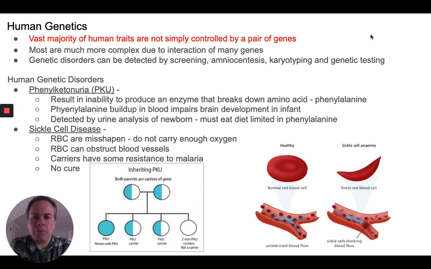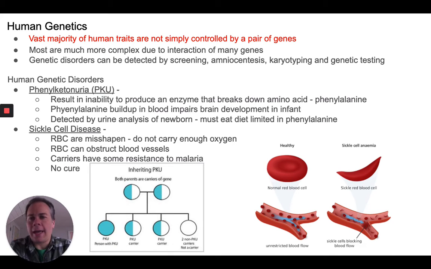So things like your height or your eye color are not simply controlled by one gene with two alleles, one dominant, one recessive. Many times there are multiple genes which result in certain human traits and characteristics. And so it's the interplay of those genes along with the effects of the environment that influence those traits.